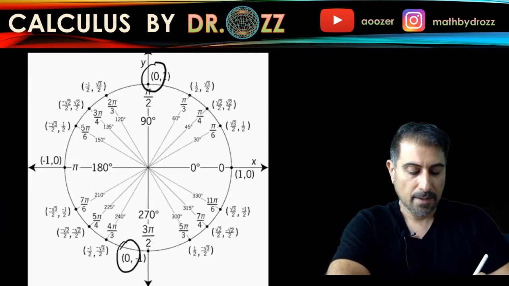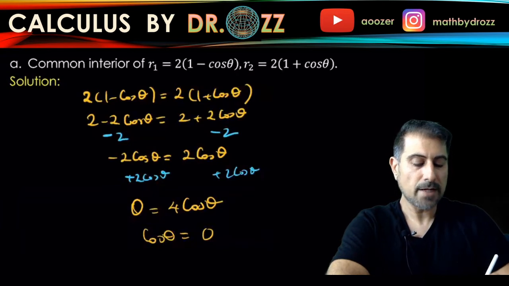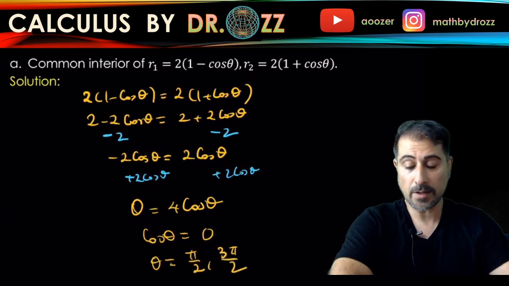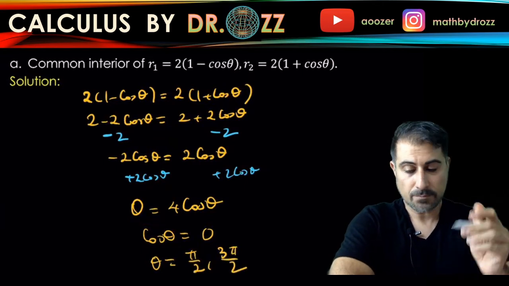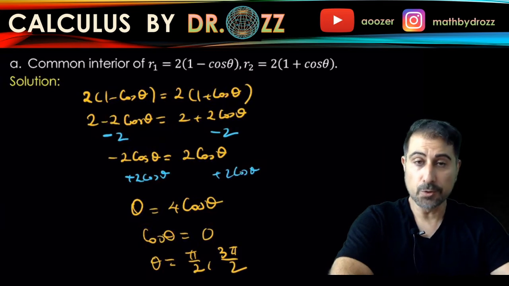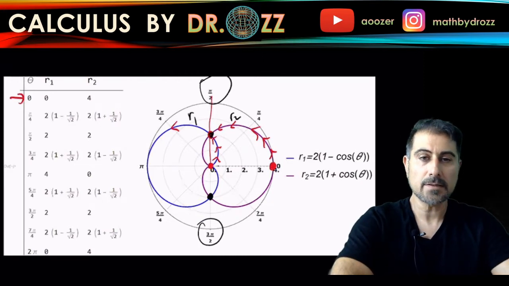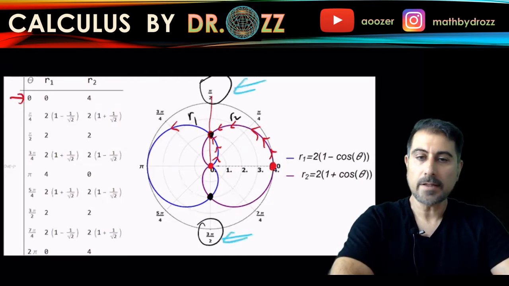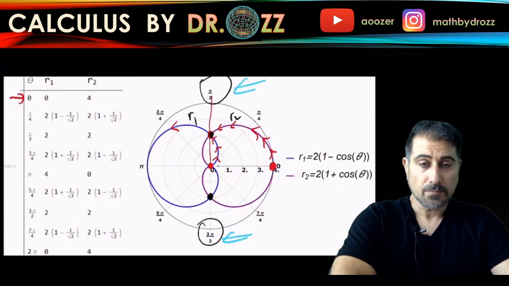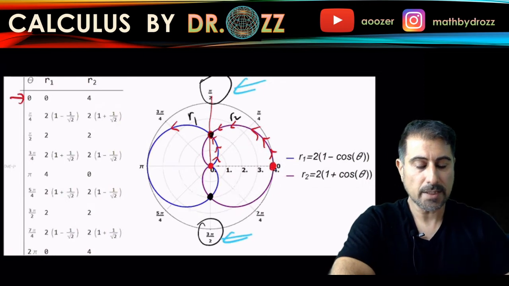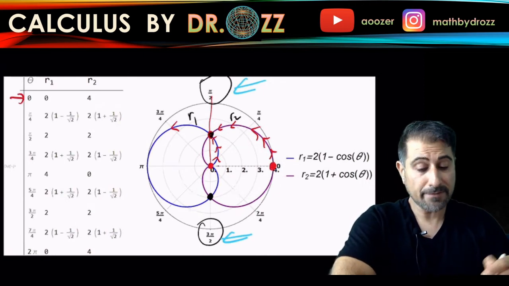So we can write down the solution of this trig equation as pi over 2 and 3 pi over 2. In fact, we already knew that pi over 2 and 3 pi over 2 would be the solutions, right? So the intersections happen at the theta equals pi over 2 ray and the theta equals 3 pi over 2 ray.